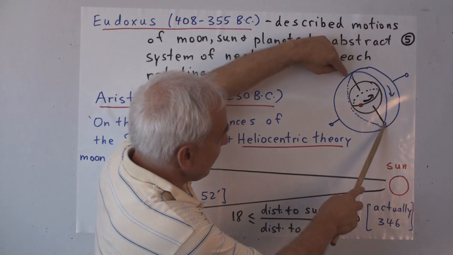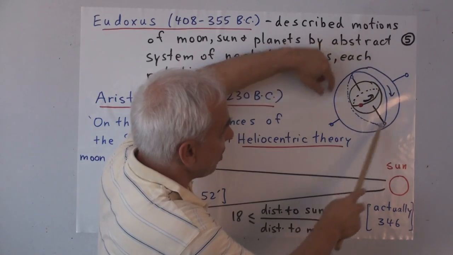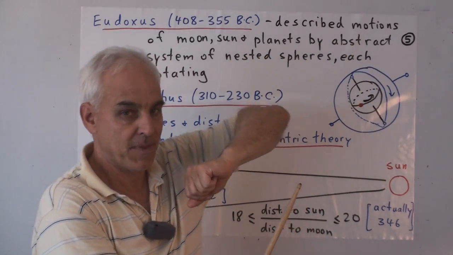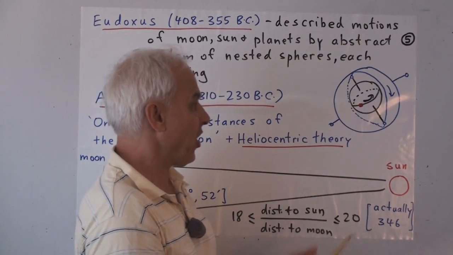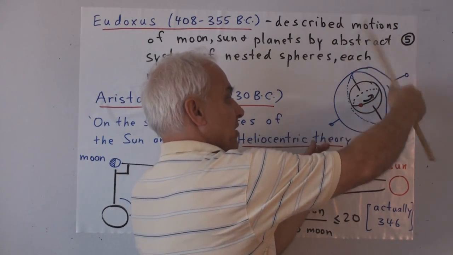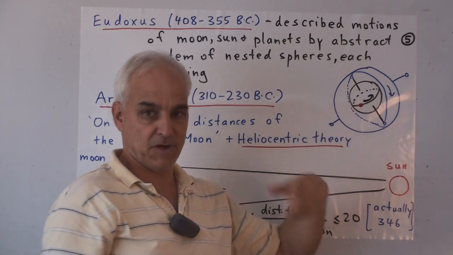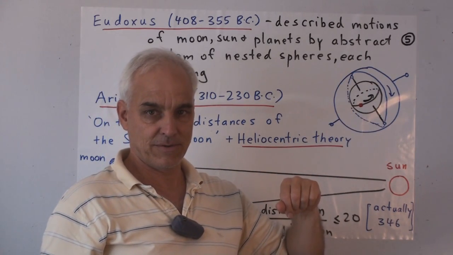Now, the axis of this sphere are themselves located on a larger sphere. And those axes themselves are spinning around. So there's another axis of this bigger sphere which is moving the entire configuration of the inner sphere around in a circular fashion.